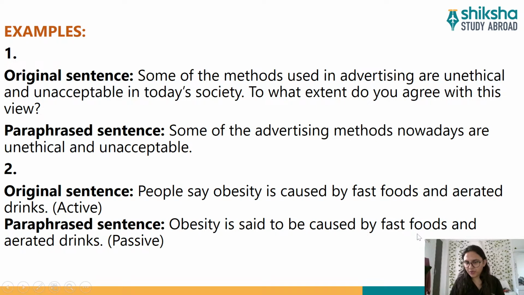Obesity is said to be caused by fast foods and aerated drinks. So the words are similar, and the meaning also remains the same, but there is a slight change in the jumbling of the sentence, right? And this is in passive voice. So you can also create paraphrasing by converting an active voice or active tone sentence into a passive voice tone.